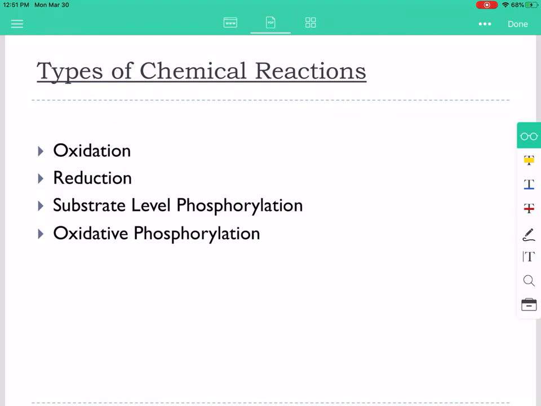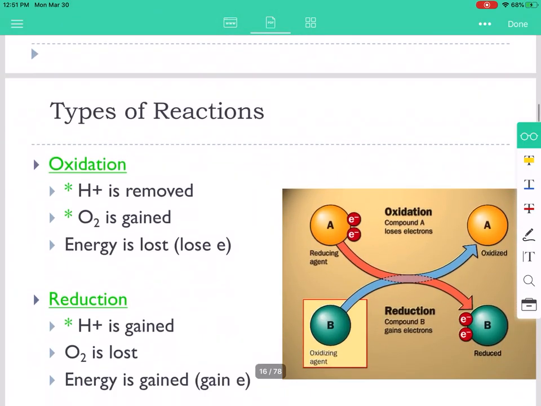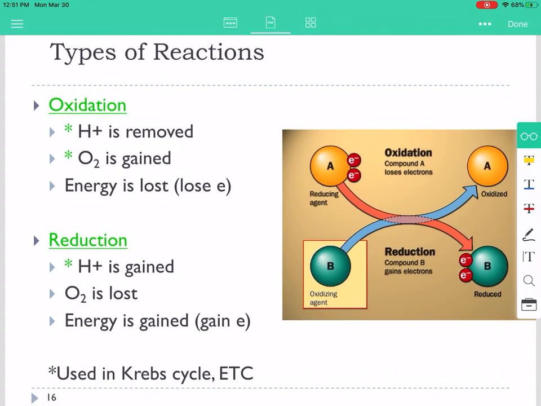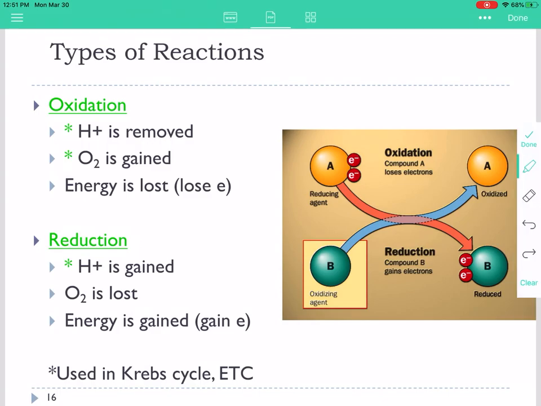Okay, the last thing to talk about before we get into the specifics of cellular respiration are types of chemical reactions. Here's a listing of some of the most commonly used types of chemical reactions: oxidation, reduction, substrate level phosphorylation, and oxidative phosphorylation. For our purposes, here we go.